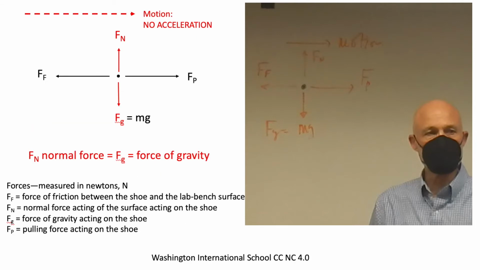But what we know, looking at the red arrows there, is that the normal force is equal to the actual gravitational pull, and we've measured that. And the force of friction, Ff pointing left, and Fp, the pulling force going right, they are equal. So we measure Fg and Fp, but they are in turn equal to Fn and Ff.